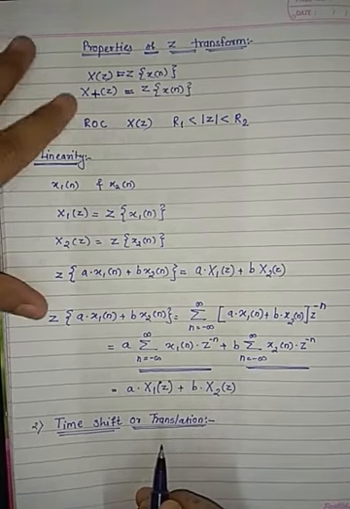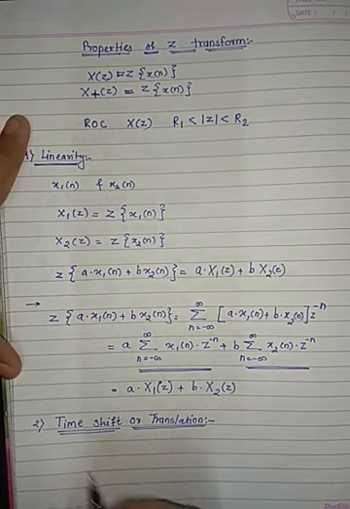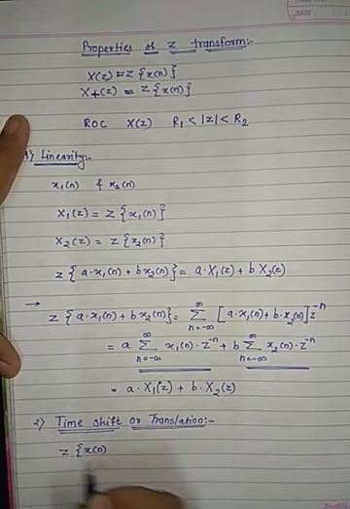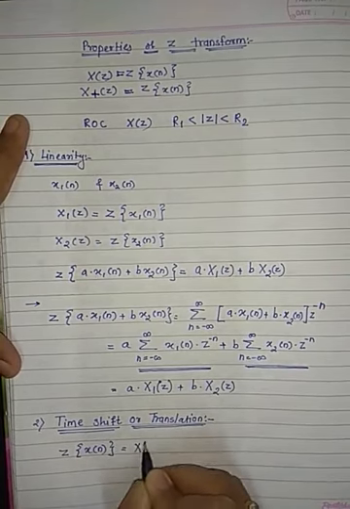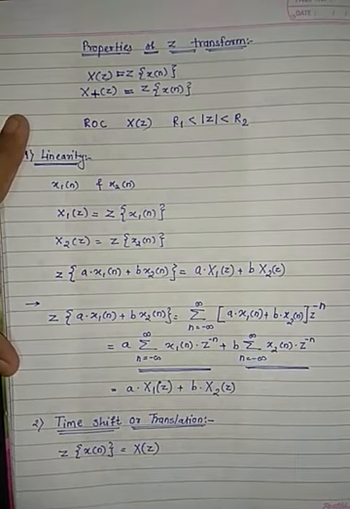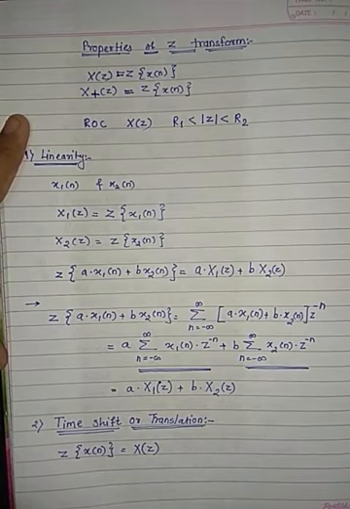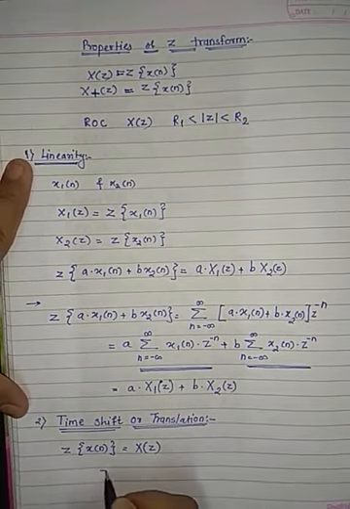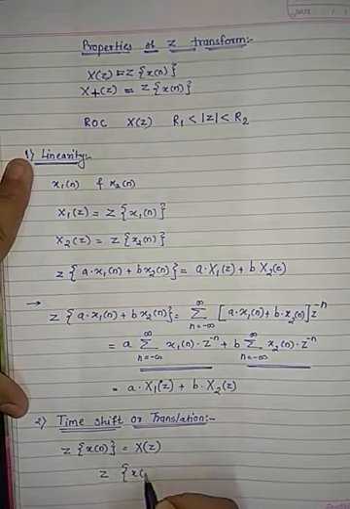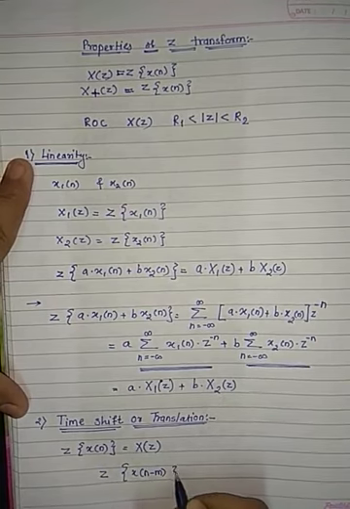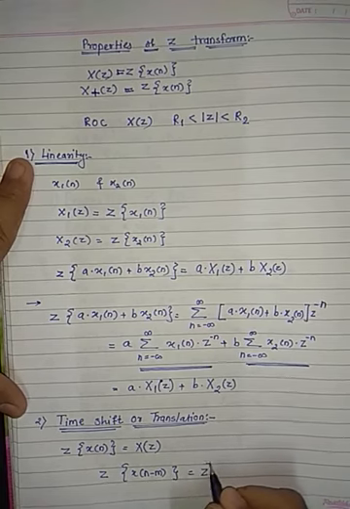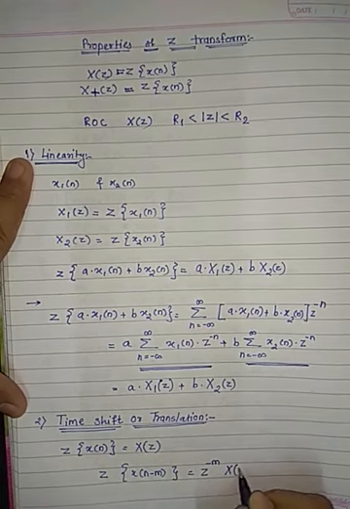Here we will consider the sequence x of n. The Z transform of x of n is denoted as X of z. The initial conditions for x of n are zero. Then the Z transform of x of n minus m is given as z raised to minus m times X of z.